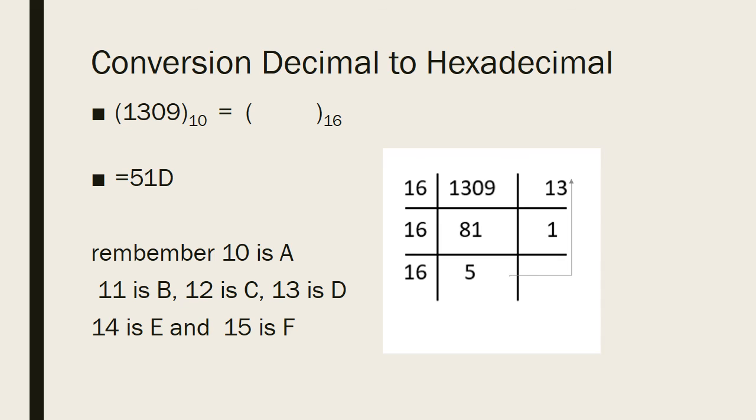Remember, 10 is represented as A, 11 is represented as B, 12 is represented as C, 13 is represented as D, 14 is represented as E, and 15 is represented as F. So now we have 5, 1 and D. The number 51D is equal to 1309 of the decimal number.